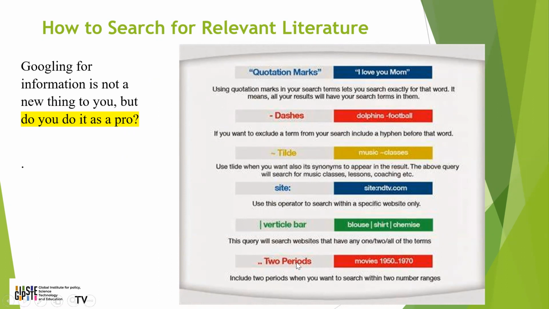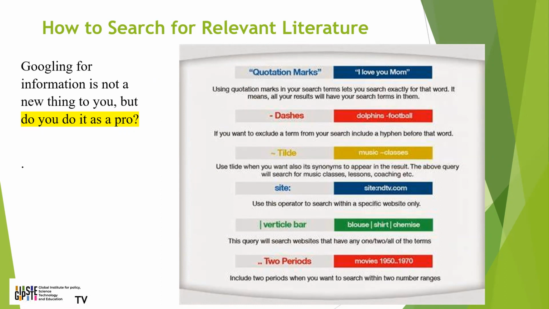Then also we have two periods. Include two periods when you want to search within a number range. For example, you want movies ranging from 1950 to 1970. So in between the dates, you put two periods. That is why you see movies 1950, period, period, 1970.